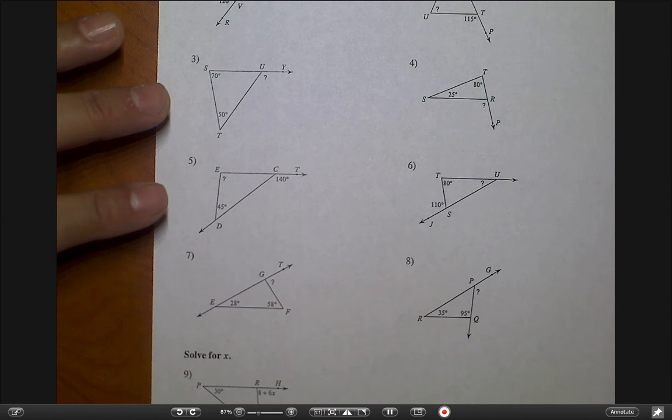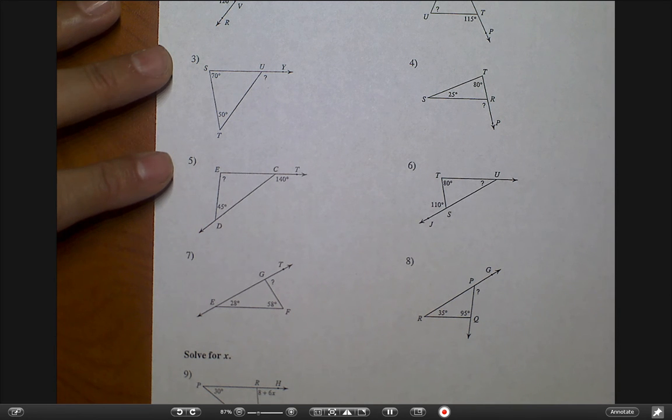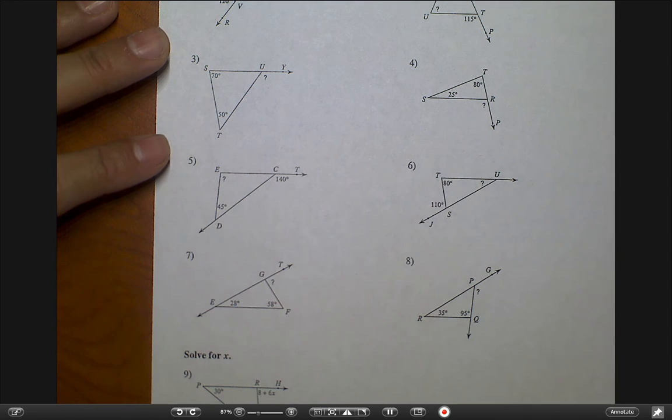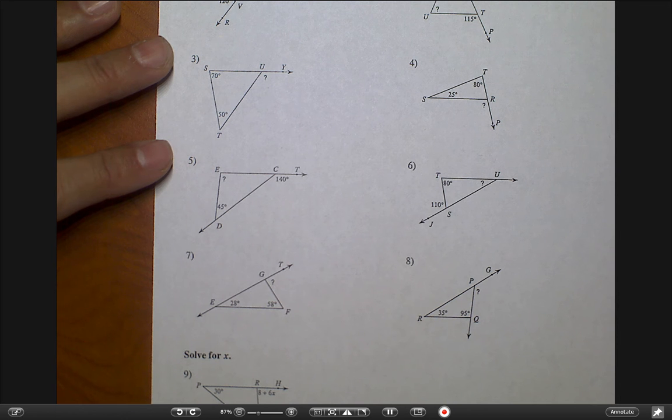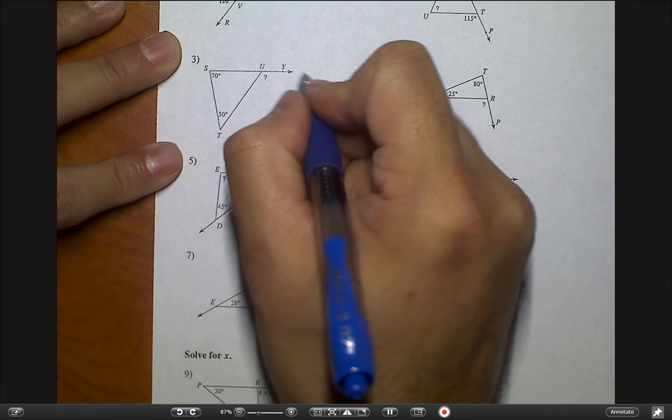Now, what about number 3? Which ones are my interior on number 3? S and T. Very good. S and T are my interior. So that means that U is my exterior, right? So how would I set that up?